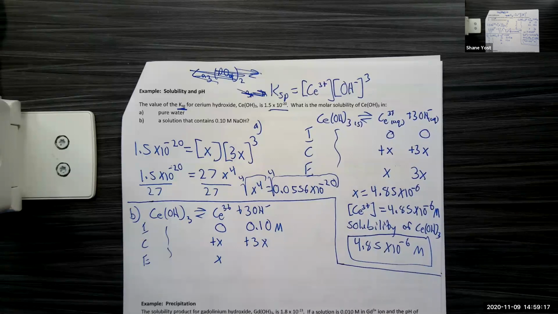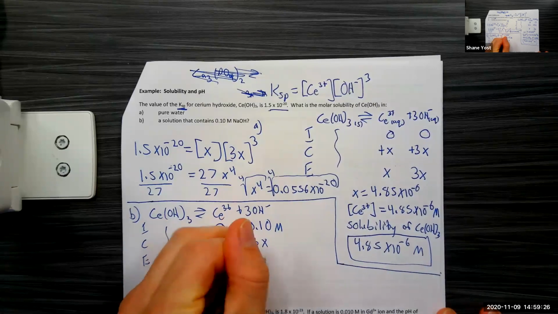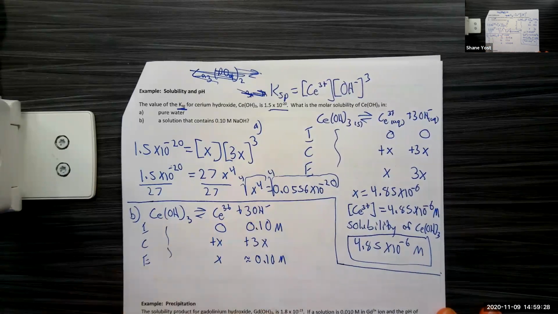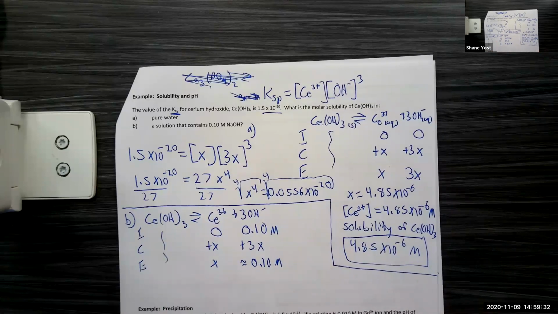So it's a very small number, and we're going to use the approximation that this is roughly 0.10 molar, so 3X plus 0.1, when rounded, is just 0.1. When we solve for X, you'll see that this is still a very valid approximation.